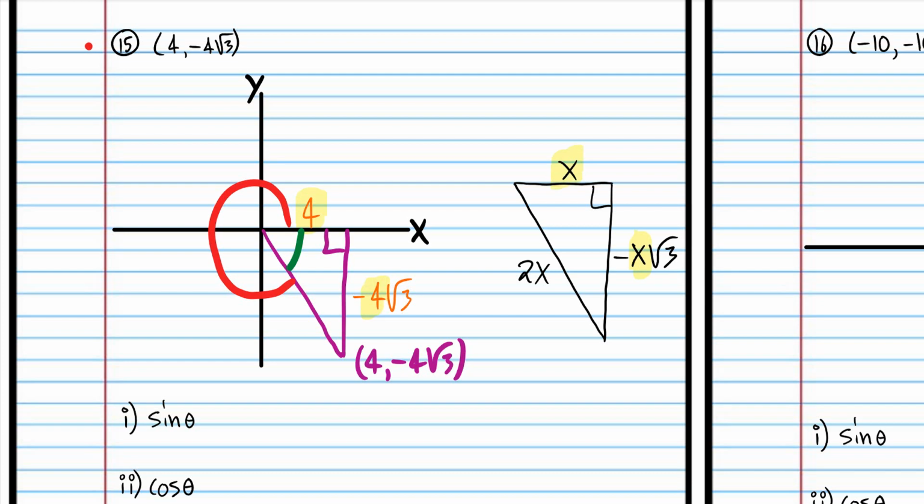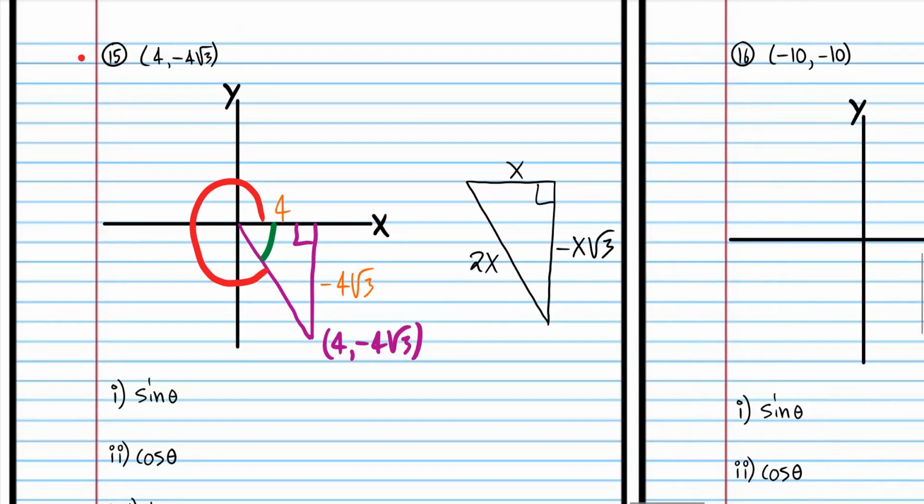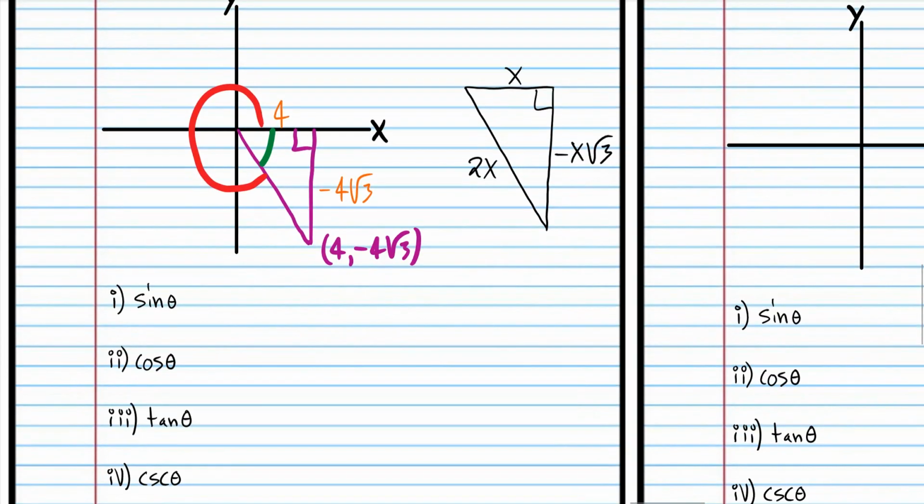So what is the hypotenuse? Well, the hypotenuse must be 8. So let's draw that triangle again. So this side is 4, this side is negative 4 root 3, and the hypotenuse is 8.